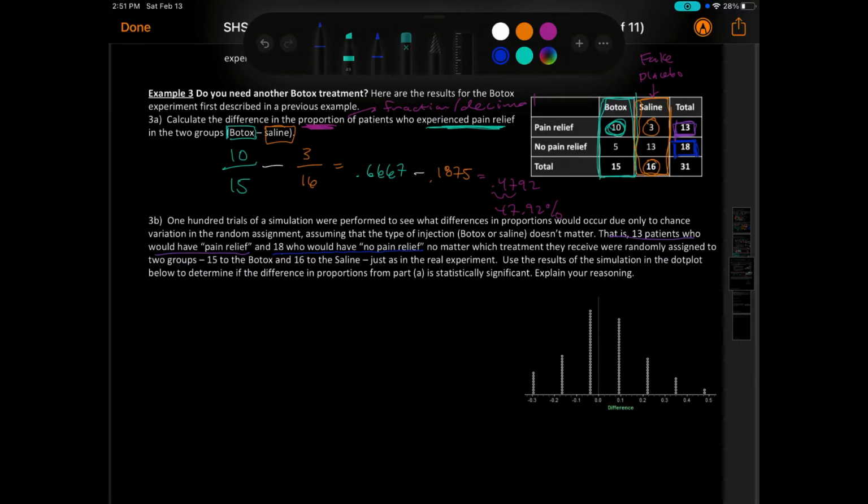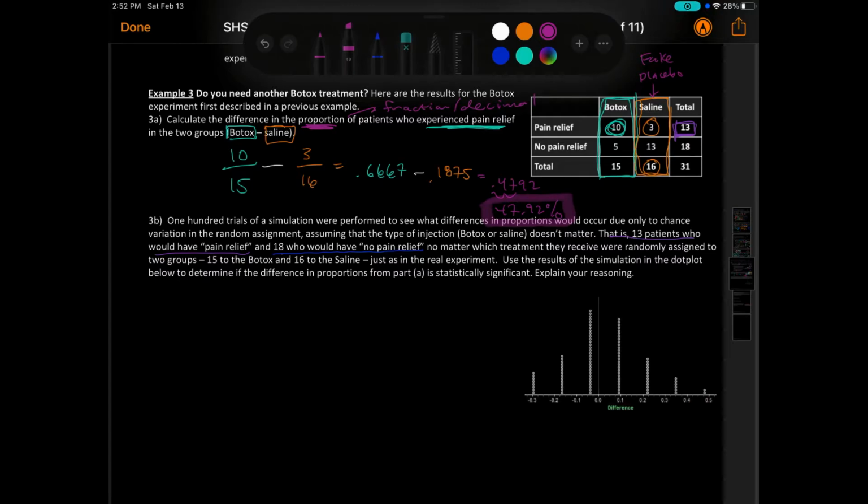Okay, so then let's do this number. Let's highlight it. I wanted pink. Come back to pink. This number, 47.92.